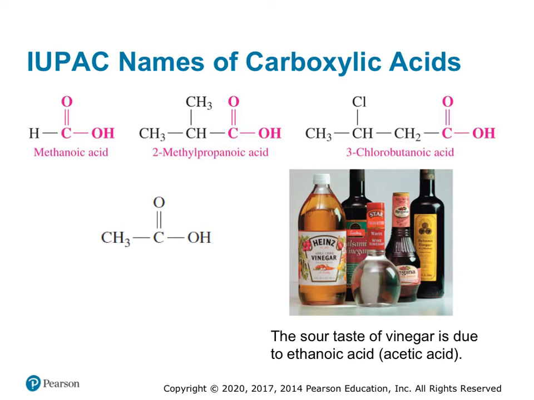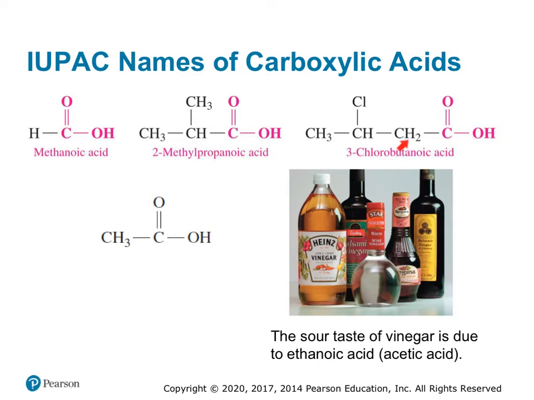So here are some examples. Here we have methanoic acid, 1 carbon, methane, and methanoic acid. And here we have propanoic acid, 1, 2, 3 carbons, and on the second carbon we have a methyl group, so 2-methylpropanoic acid.